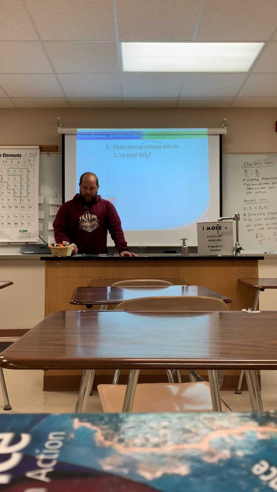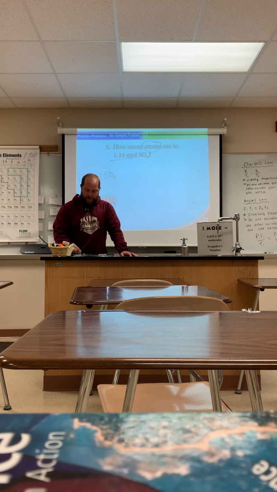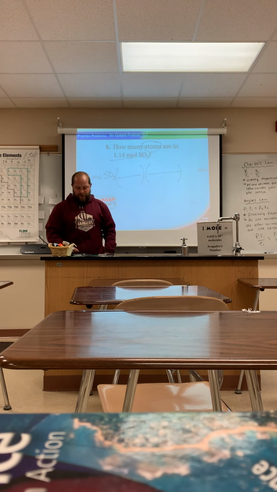Okay, so we're starting with 1.14 moles of SO3, or sulfur trioxide, as you guys know from your naming chapter. We want to know how many atoms, so over here I'm going to put atoms. Just like the previous one, I know it's going to take two conversions to get there, so I'm going to draw in the two conversions.